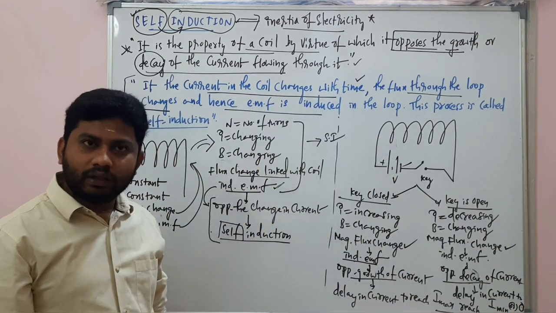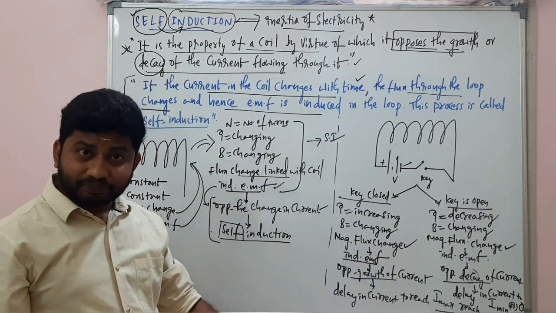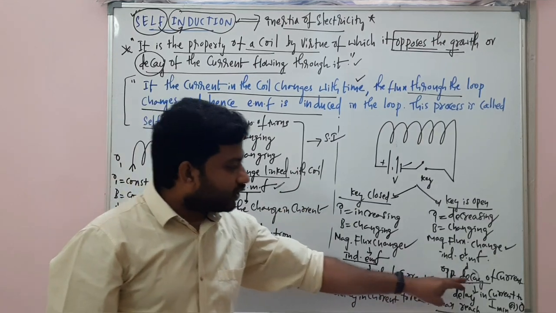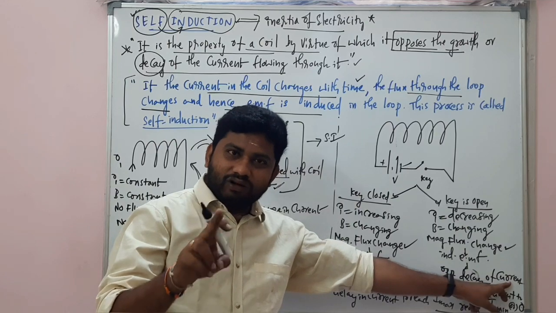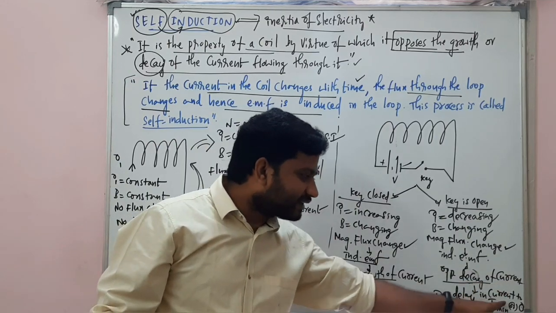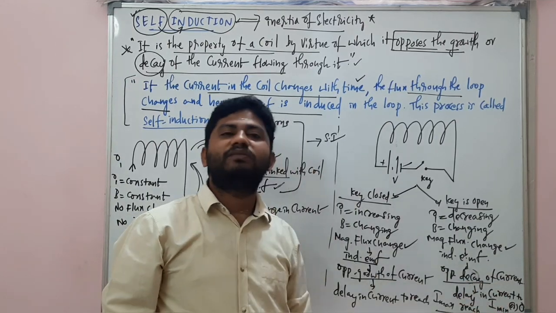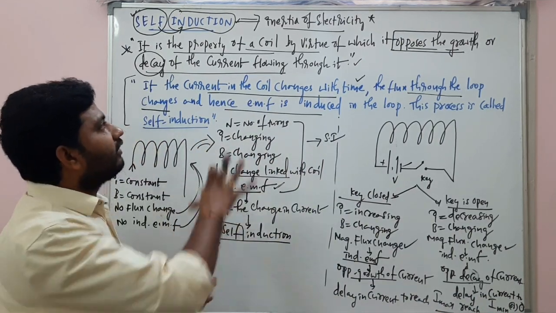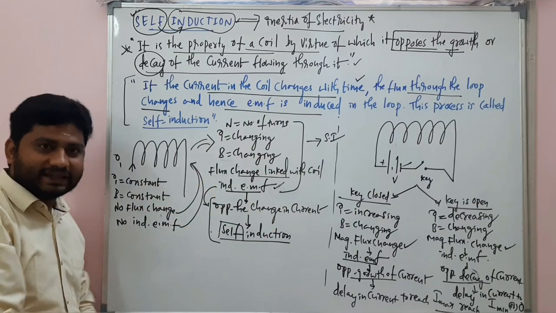Alright, clear? So the induced current and induced EMF will oppose the decay of the current, and finally there is a delay for the current to reach the minimum value or 0. Understand? This is how the self-induction concept is discussed.